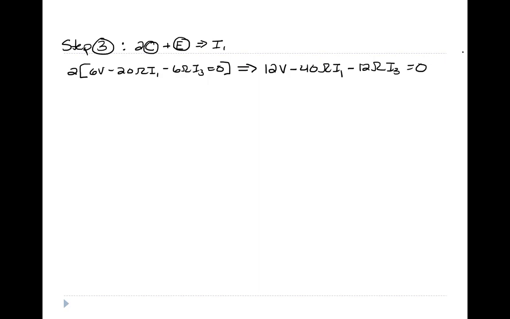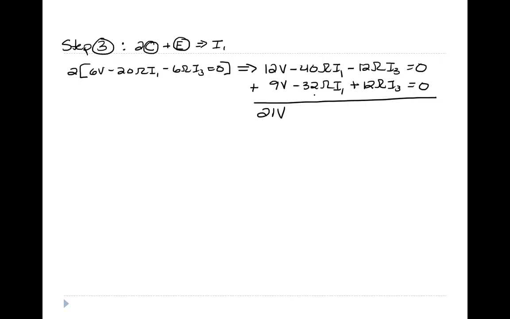And now I'm going to add to this equation, so plus equation E, which was 9 volts minus 32 ohms I1 plus 12 ohms I3 equals 0. Okay, 12 plus 9 is 21. 40 plus 32 is 72, but that was overall negative, so you get minus 72 ohms I1. And then I have minus 12 ohms I3 plus 12 ohms I3. Those go away. They cancel.